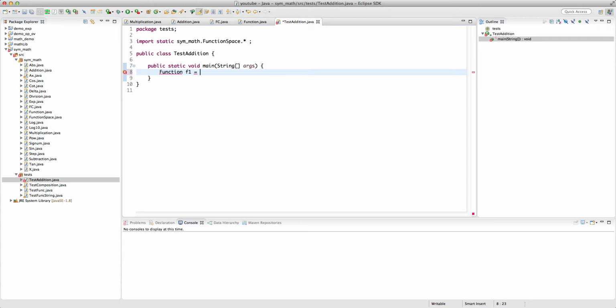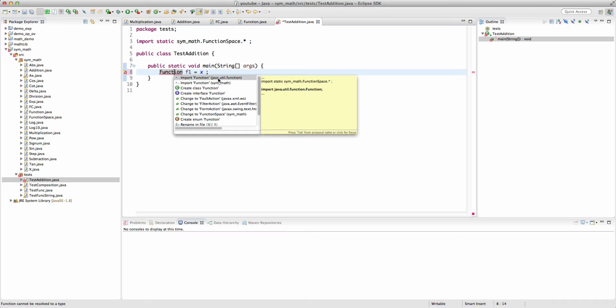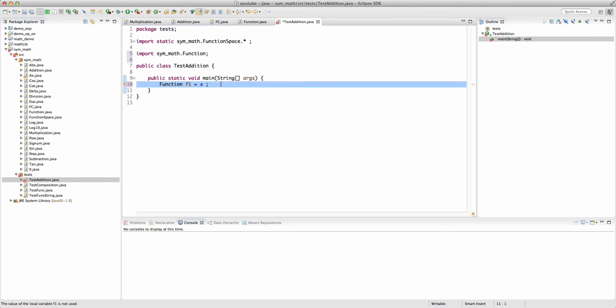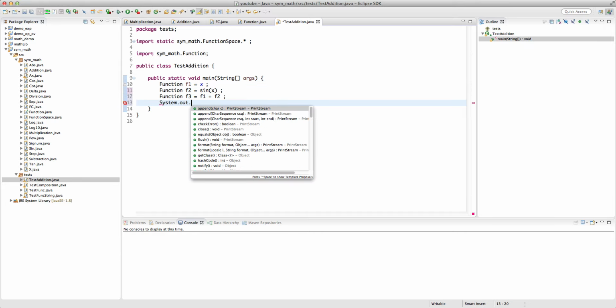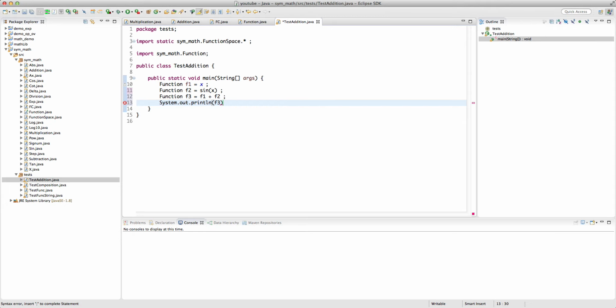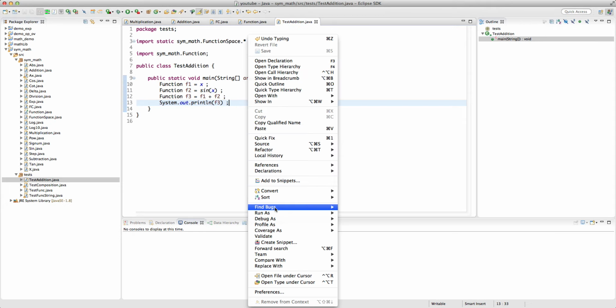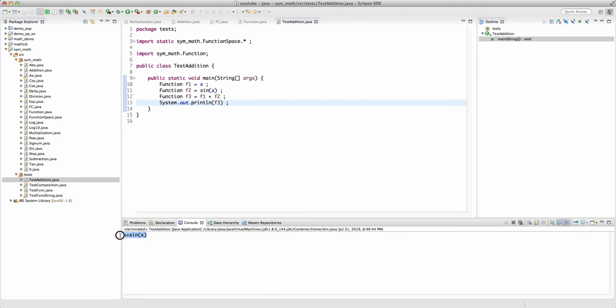So here we want to have x, and let's import function. Then function f2 is sine of x, and function f3 is f1 plus f2, and then System.out.println f3. Let's see if this works. x plus sine of x.